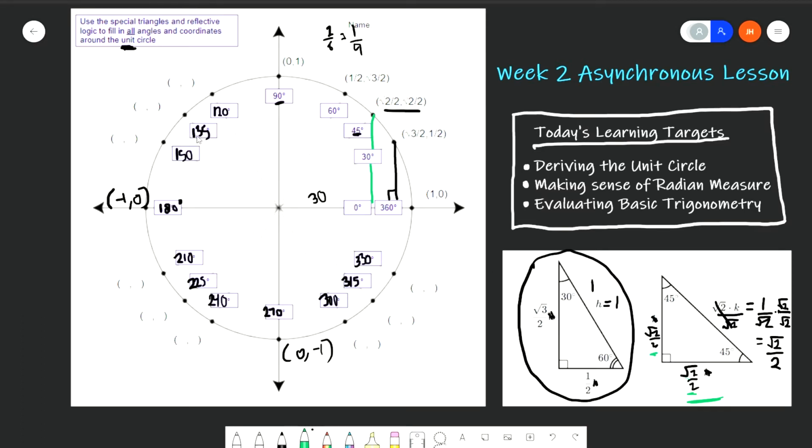This 135 degree angle, if you guys notice, is the exact same triangle, simply reflected across the y-axis, right? It went from this coordinate, across the y-axis over to right there. So what are this triangle's side lengths going to be? It's the same ones, √2/2, √2/2.